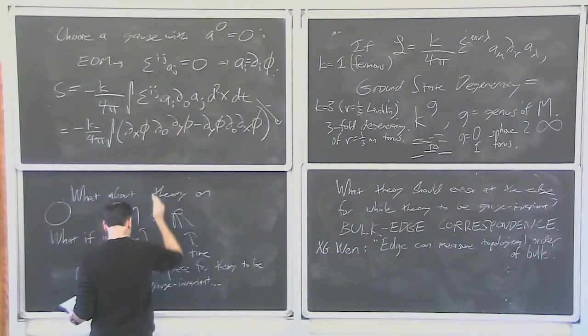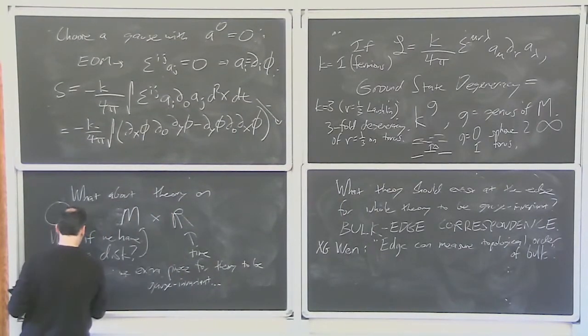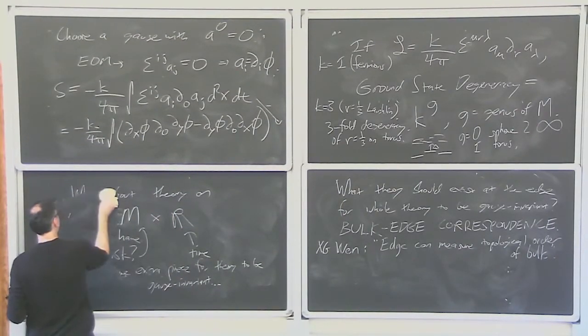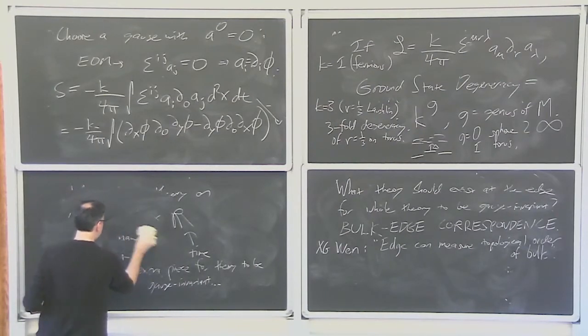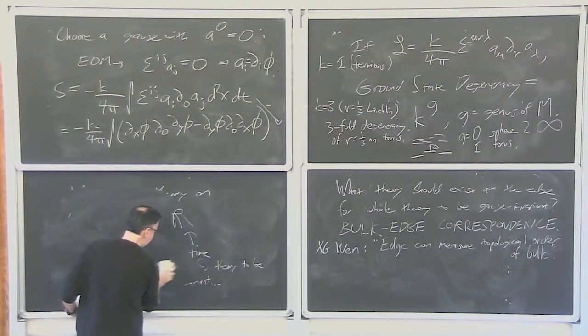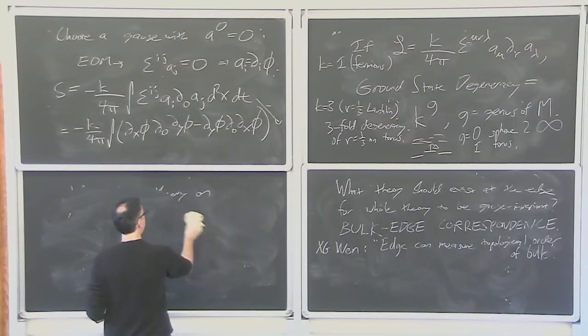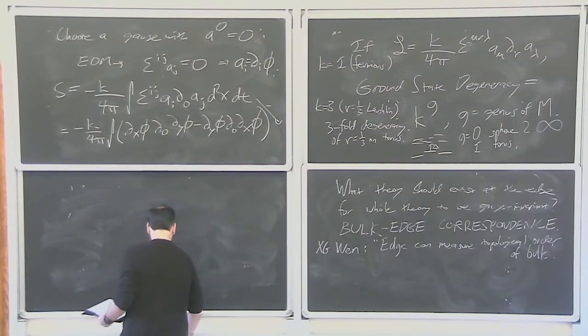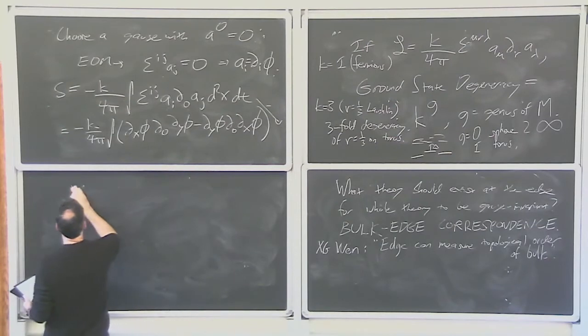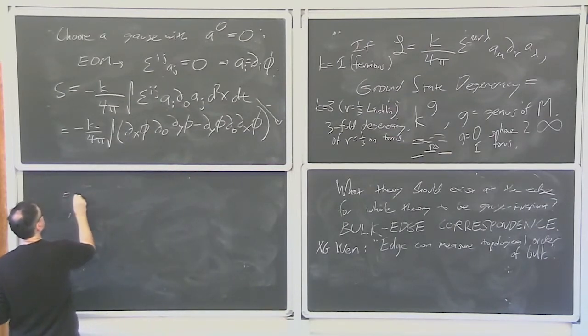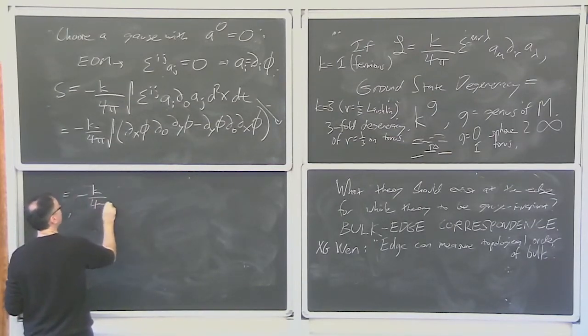With those integrations, just two more steps. Now I take this, and I want to write it as total derivatives that I can move to the boundary. Because even though we started off with this boson in the bulk, the point is its action can actually be moved to the boundary. So that's minus k over 4 pi.